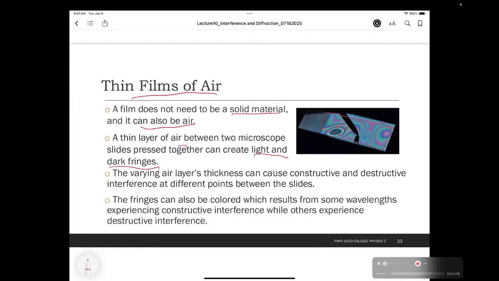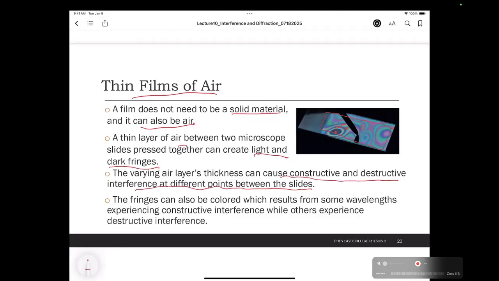It can create light and dark fringes. The air layer's thickness can cause constructive and destructive interference at different points between the slides. This is obviously destructive, and this is the dark. The bright one is constructive. The dark one is destructive. Does it make sense to you?